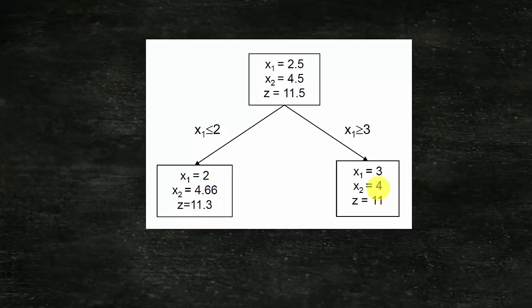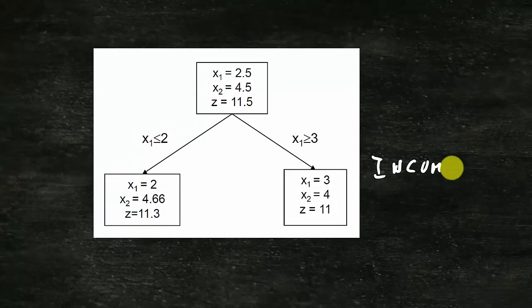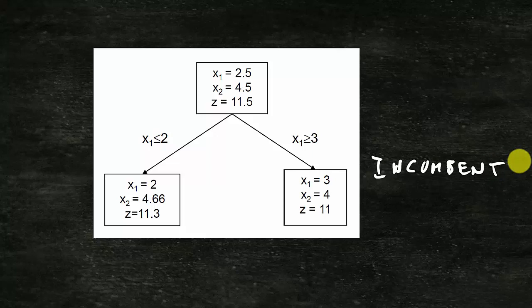The objective has come down as we expected, but we don't have an integer solution here. On this side, we're fortunate, and we have an integer solution. What that means is we call this an incumbent. Incumbent means that we have a solution. We don't know, in theory, if it's the optimal solution.